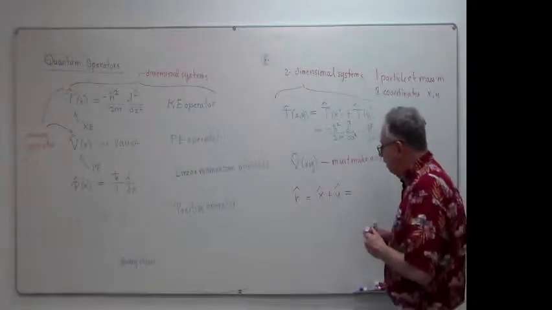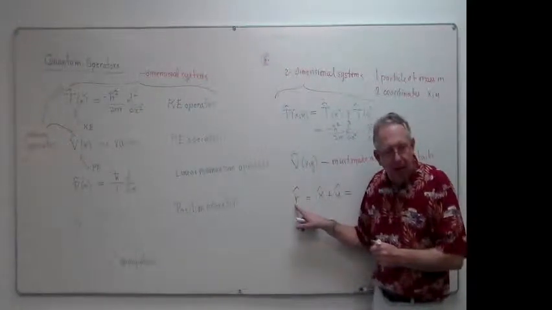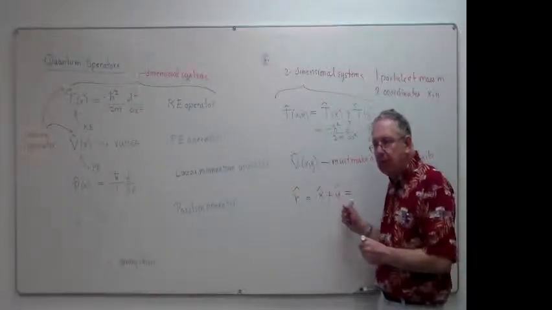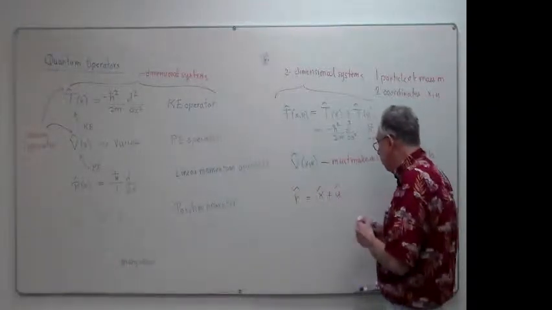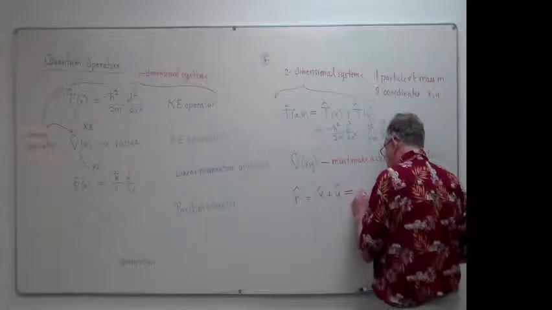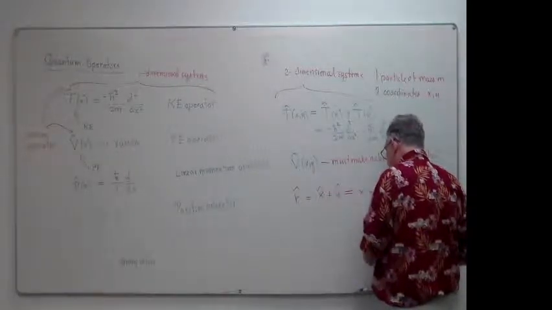In other words, you have a vector r with an x component and a y component, and you treat that quantum mechanically as your operator, which is really x plus y.